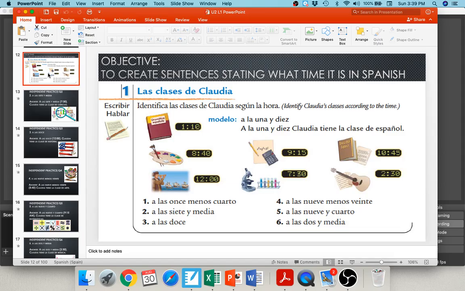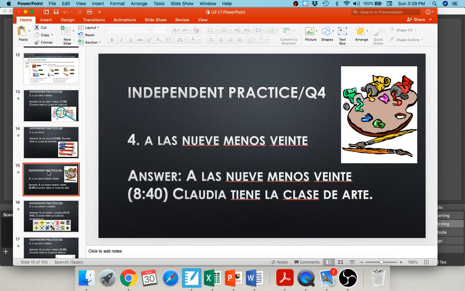And number 4, we see a las 9 menos 20. So 9, we know is 9, menos, minus, and 20 is 20. So at 9 o'clock minus 20 minutes, or at 8:40, we see an artist palette there. So we want to say that at 8:40, Claudia has art class. A las 9 menos 20, Claudia tiene la clase de arte.